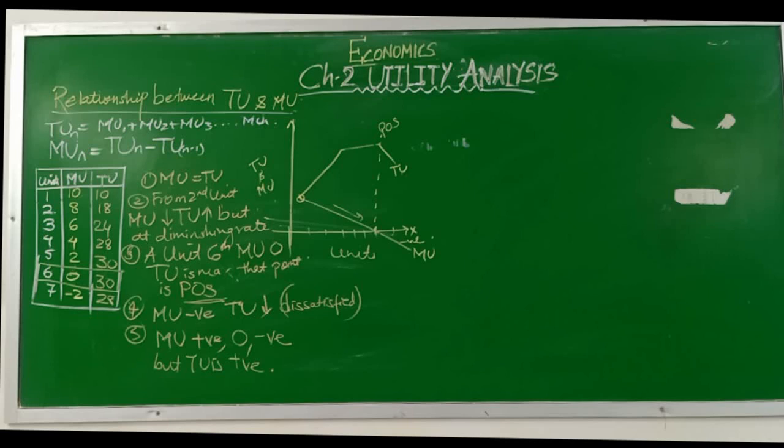In the previous lecture, I have bifurcated units and MU and units and TU. Then I have shown the relationship between MU and TU. This was a revision session, so I have directly explained the relationship between MU and TU and its graph and schedule.